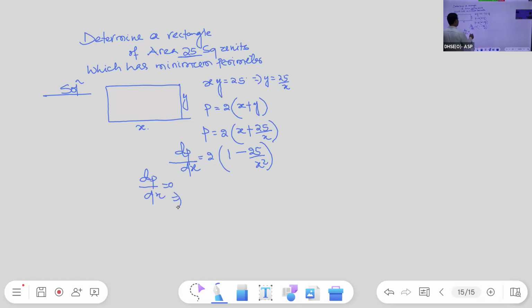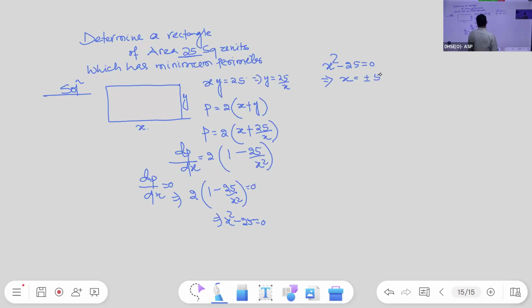This implies 2 into 1 minus 25 upon x square is equal to 0, which implies x square minus 25 equals 0, so x is equal to plus or minus 5.